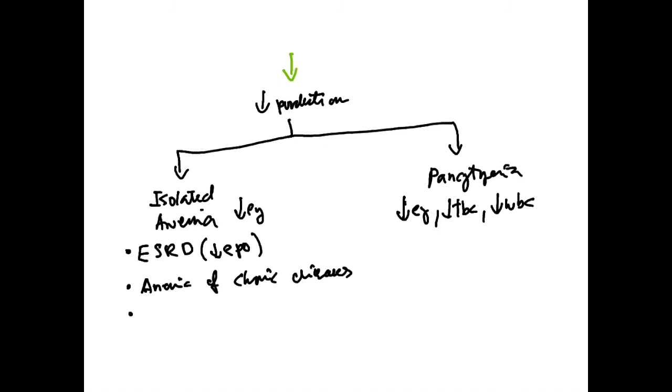You can put it in normocytic as well, typically in early stages of anemia of chronic diseases, and also early stages of iron deficiency anemia. Again, when I'm losing iron at the beginning, still the erythrocytes will be rather normal size, but later definitely they will drop in size and they will be microcytic.